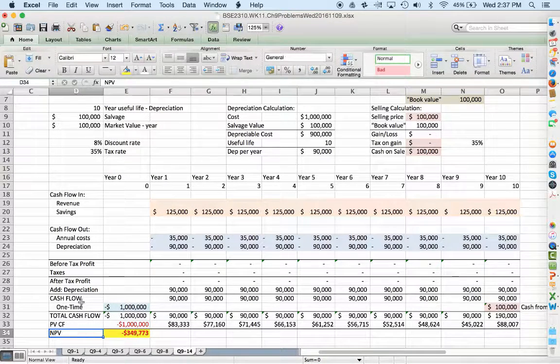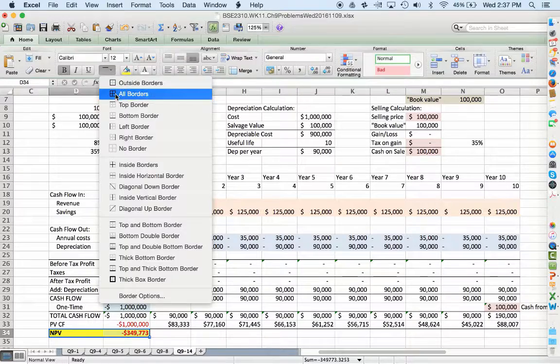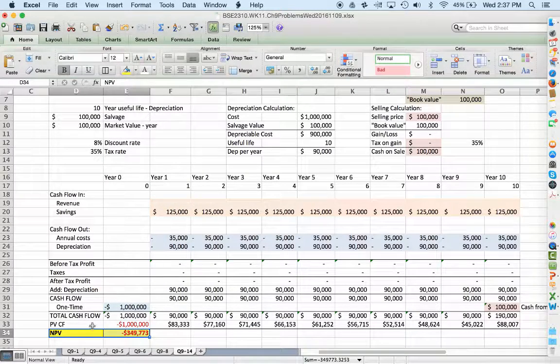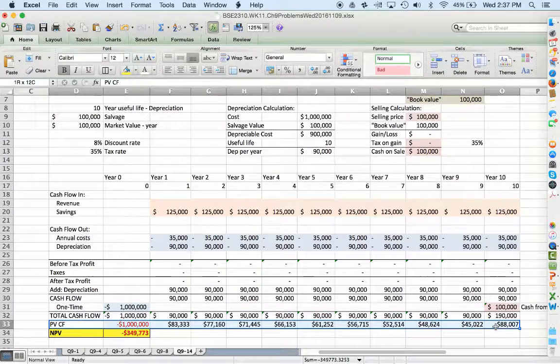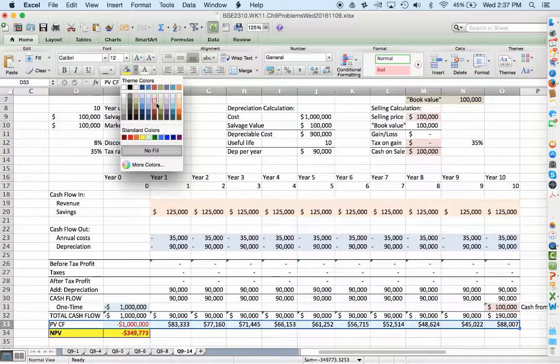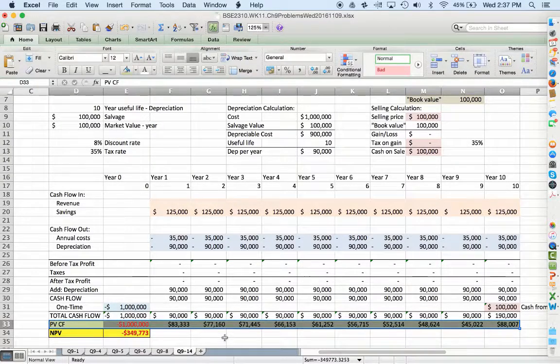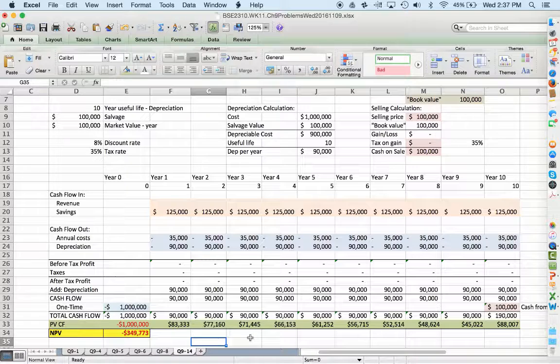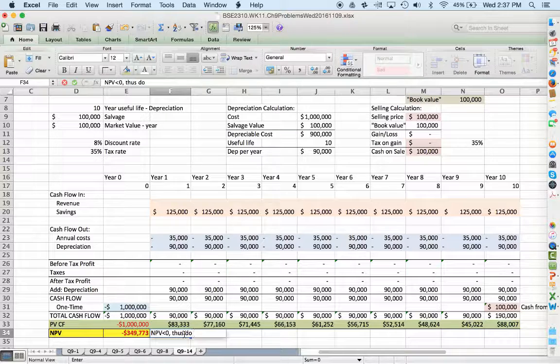If you haven't gotten a negative value, you probably have some type of an error. So the NPV is the summation of the green line. For this particular project, to purchase this lathe, what we would conclude is that NPV is less than 0, thus do not pursue the project. This is not a positive NPV project.